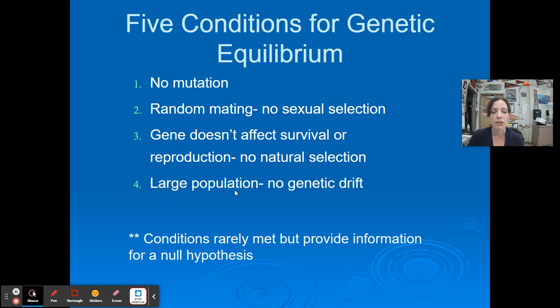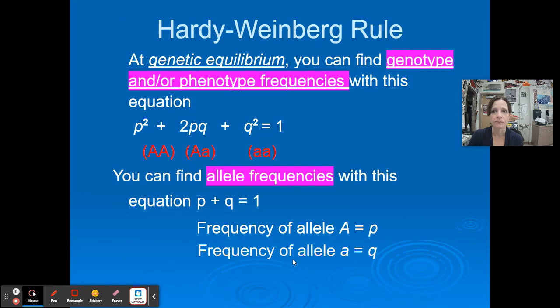There's only large populations, so there's no genetic drift, and there's no immigration or emigration out of the population, so there's no gene flow. So as you can tell, these conditions don't happen in nature, right? But they provide information so that we can make a null hypothesis. So all 5 of these have to be true for the population to be in genetic equilibrium.